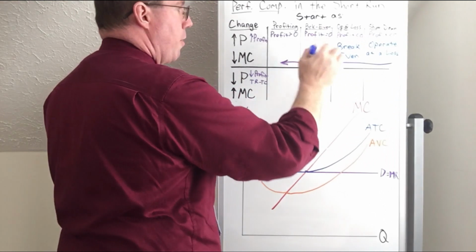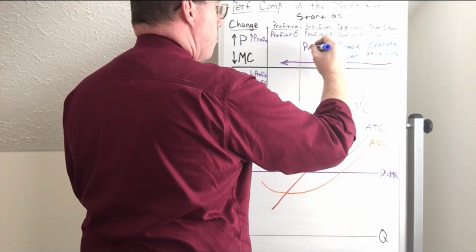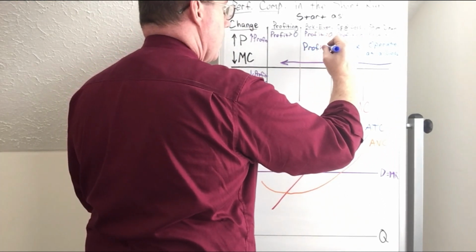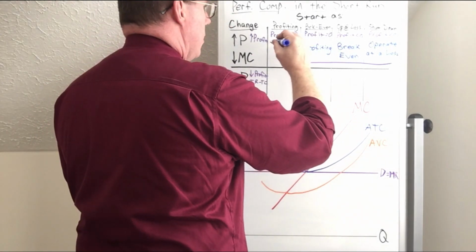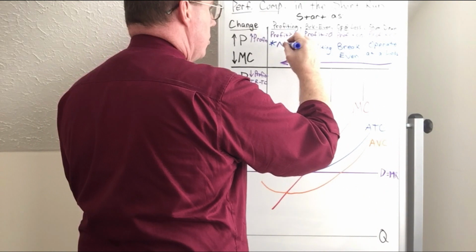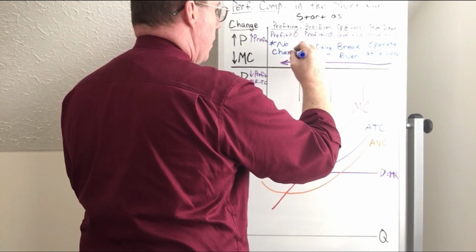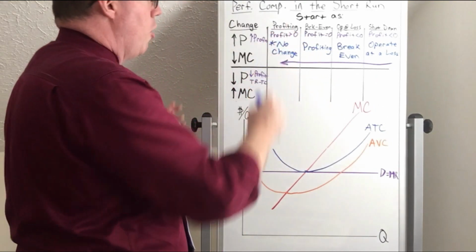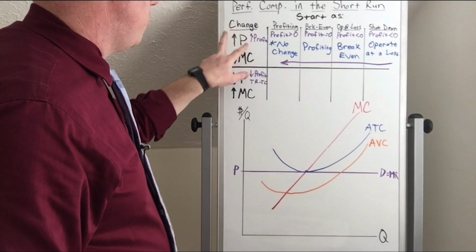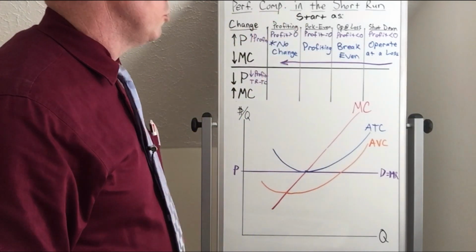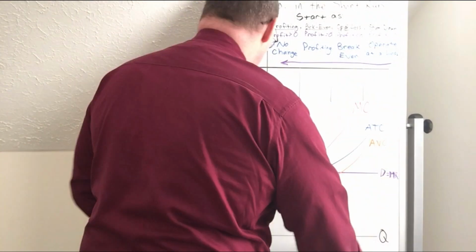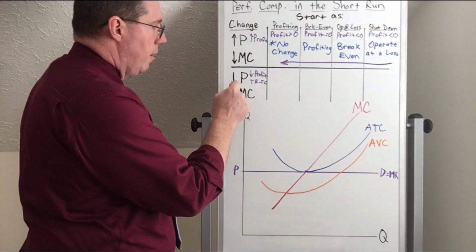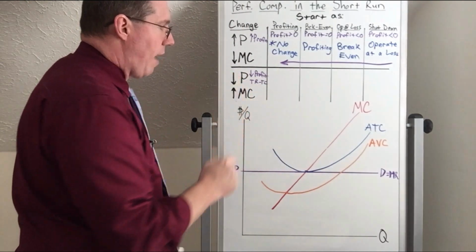And if it starts as break even, it'll go to profiting. And if it starts out as profiting, I'm going to say no change. It'll just keep profiting. If the firm is already profiting and the price goes up or marginal cost goes down, the firm will just keep profiting.